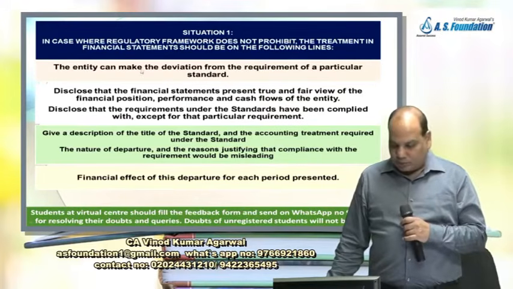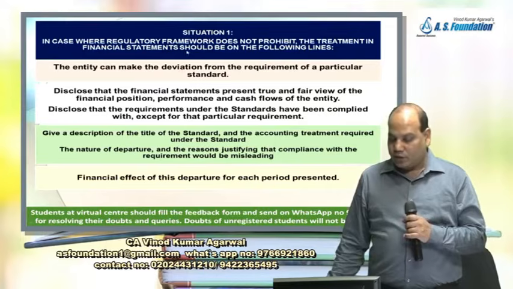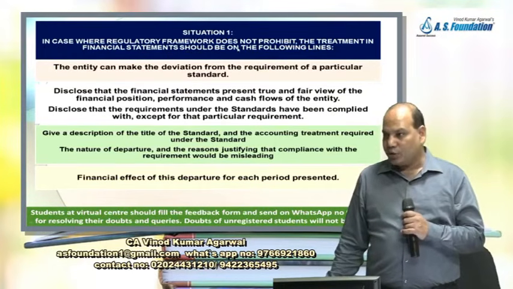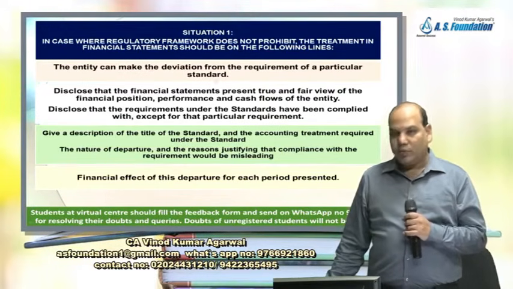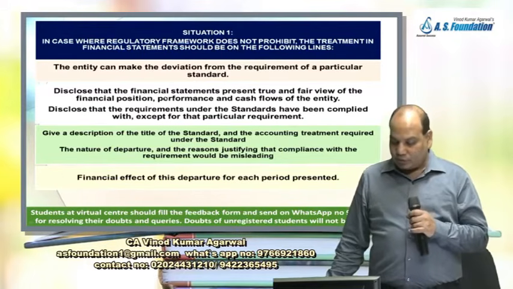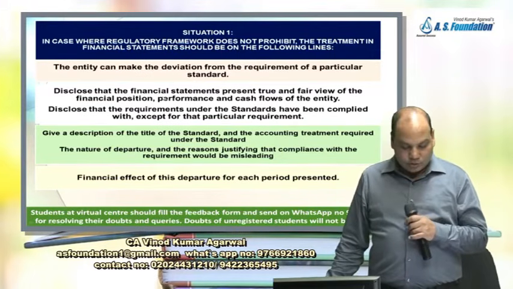There are following points you will keep in mind. If you are deviating from the standard and the law does not prohibit the deviation, the entity can make the deviation allowed from the requirement of a particular standard. But then you have to give a lot of disclosure.